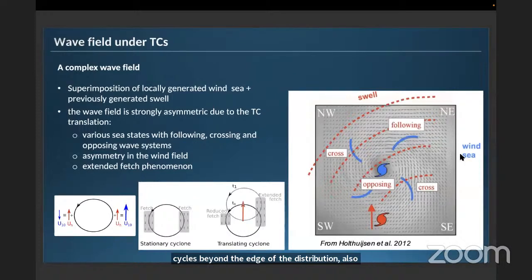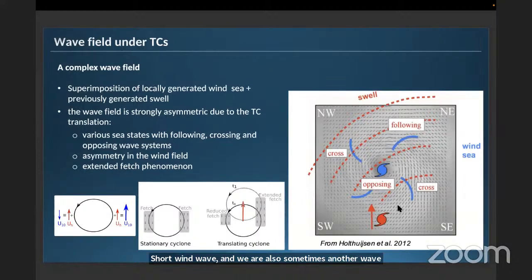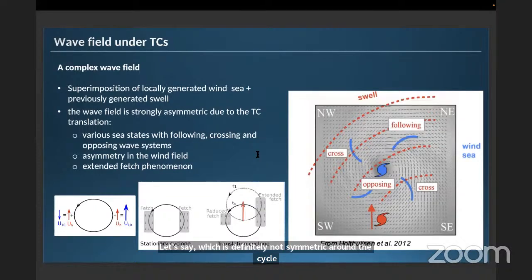And in a tropical cyclone, we have cyclonic winds that are turning into the cyclone and generating short wind waves. And we also sometimes have another wave system, which is swell, which is waves generated before. And we have this composition of young and older waves, which is definitely not symmetric around the cyclone. So this creates a strong asymmetry in the wave field, which is quite important.